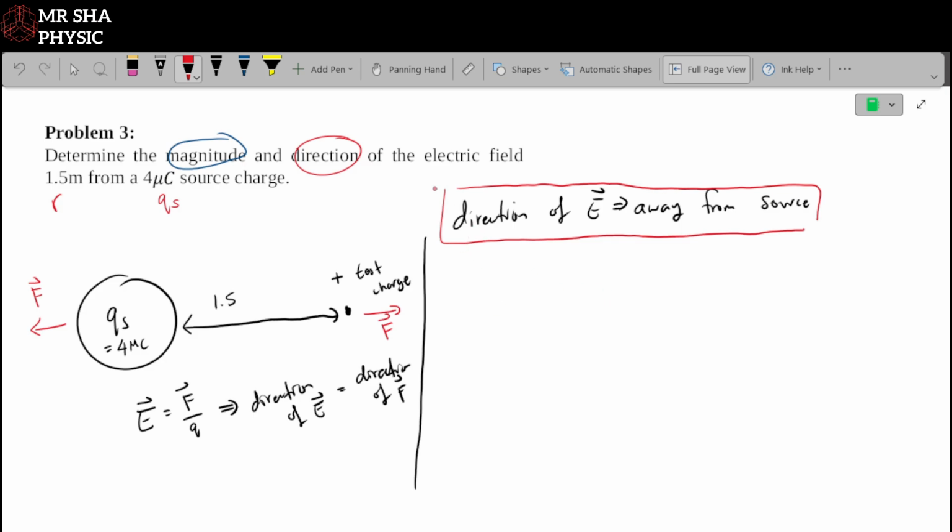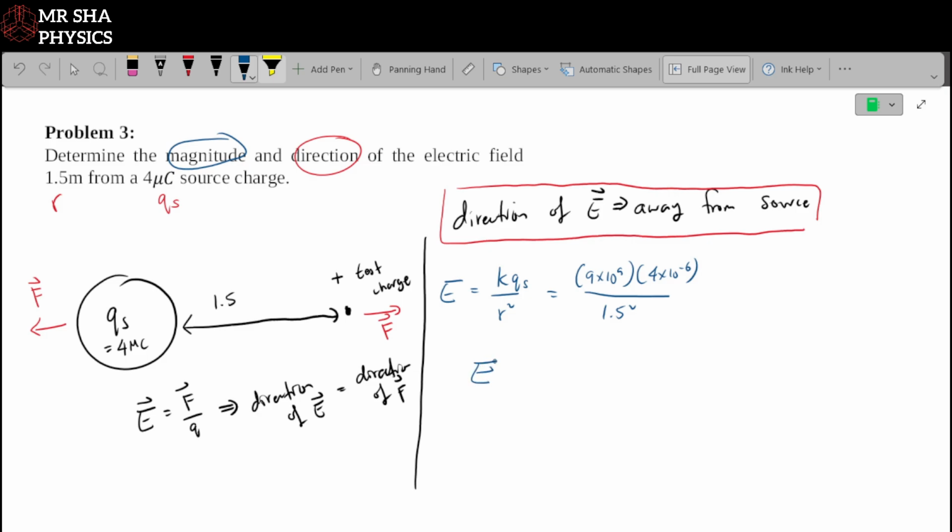And of course, we can calculate magnitude. We can calculate magnitude by simply plugging into kq over r squared, remembering that this q is actually the source charge. Then I will have 9 times 10 to the power of 9 times 4 times 10 to the power of negative 6 over 1.5 squared.